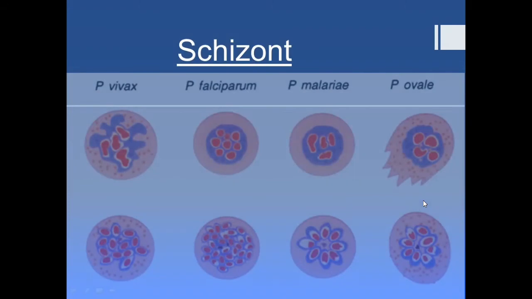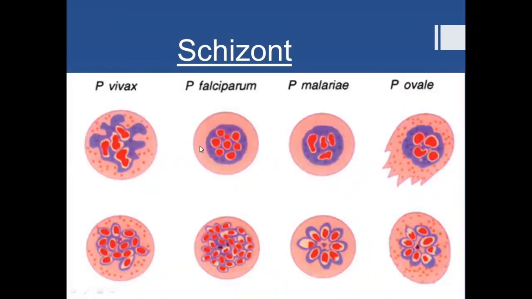Now move forward: this trophozoite will then form a schizont. Now what exactly is a schizont? You can see that the nucleus of the large trophozoite will divide. This is the early schizont and this is the mature schizont.